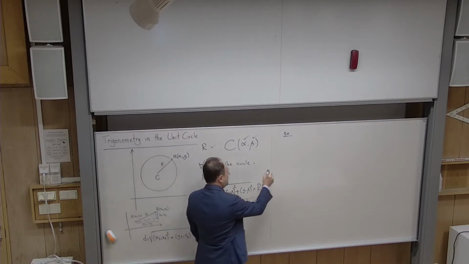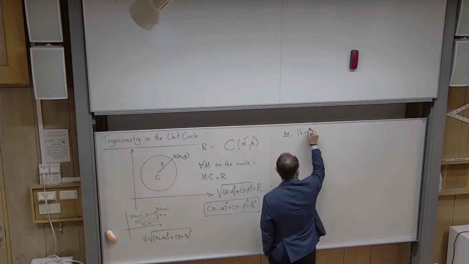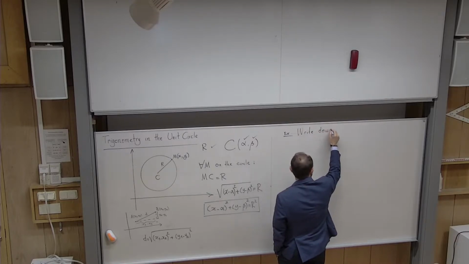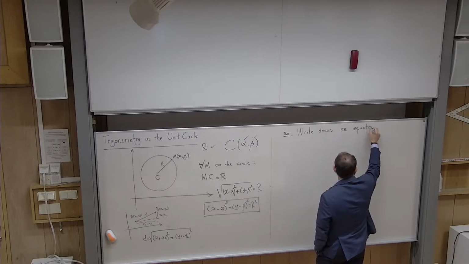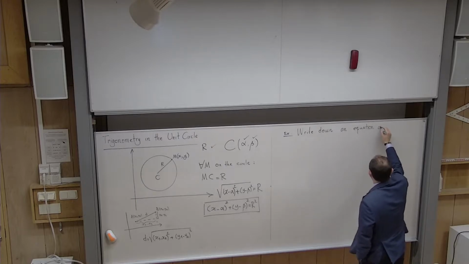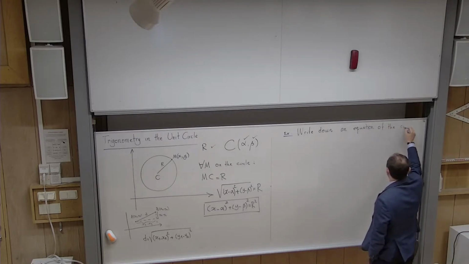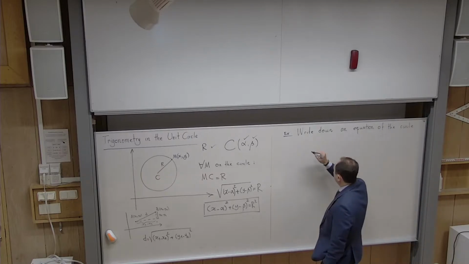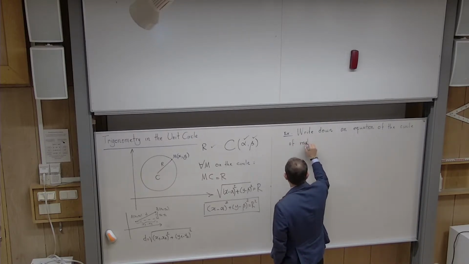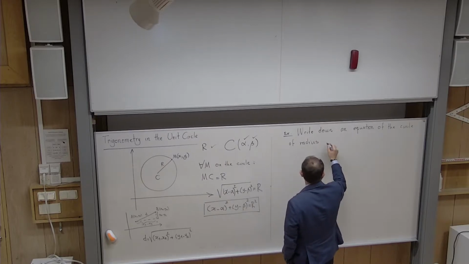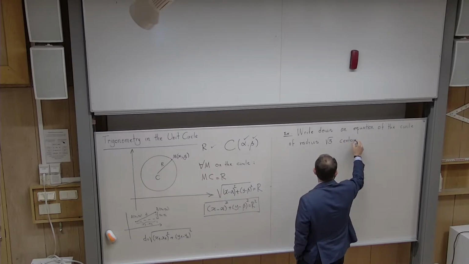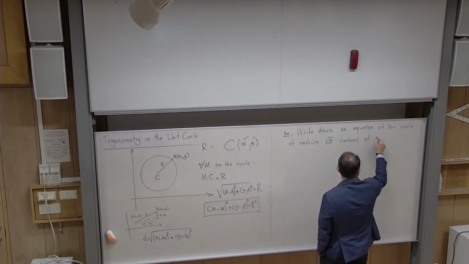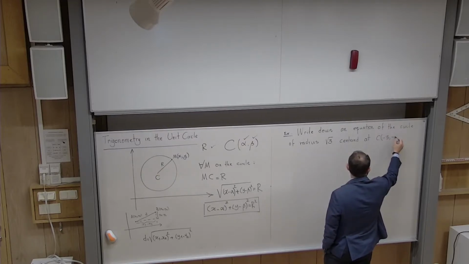So write down an equation of the circle of radius square root of 3, centered at C, minus 3 and, let me write, plus 2.